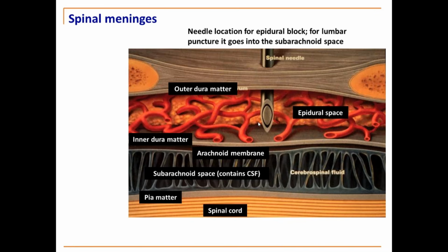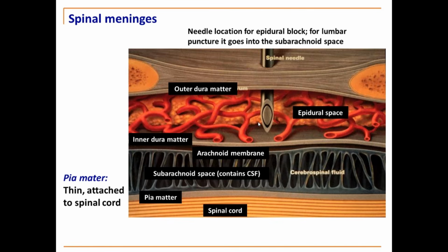For example, lumbar puncture, it goes into the subarachnoid space. And as we just said, anesthetics are often injected into this space where they therefore only affect nerves in that particular vicinity. It's called an epidural block. So you get a temporary loss of sensory or motor pathways, depending on where the region is.